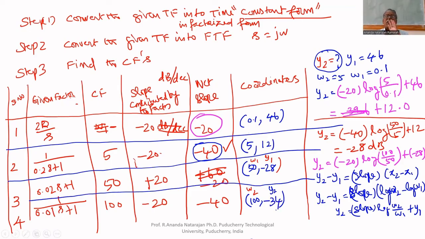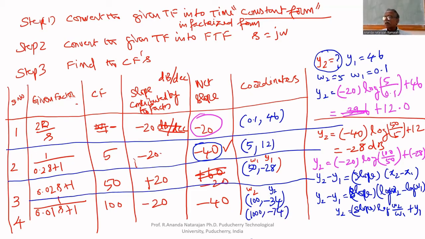One more coordinate we have to find, because we found up to 100 only. After that, what is the slope? Minus 40 dB per decade. Therefore, after 100, the next decade is 1000, comma, add minus 40, minus 74. That's all.